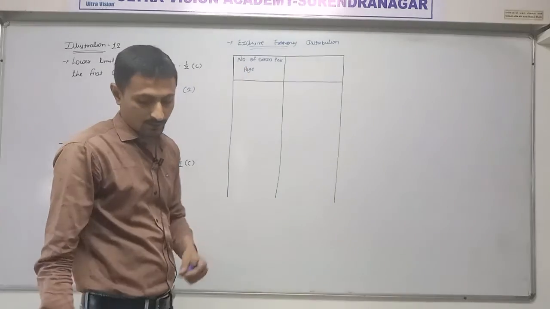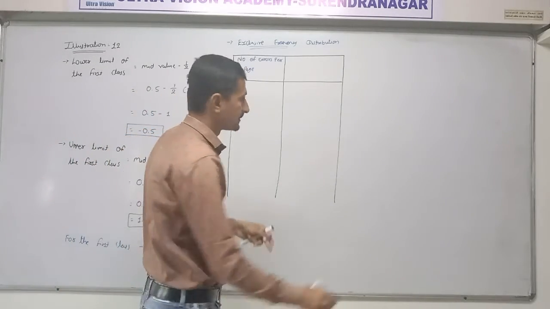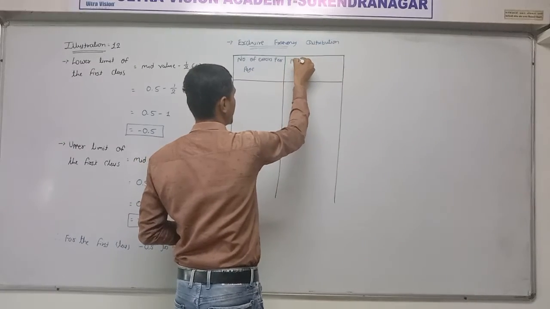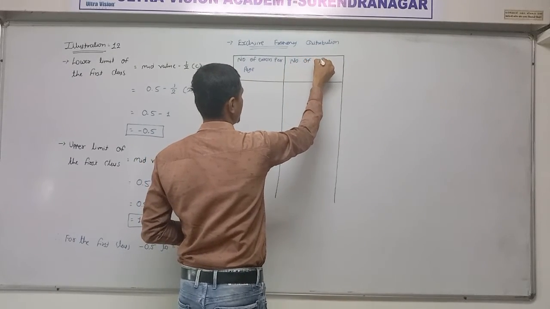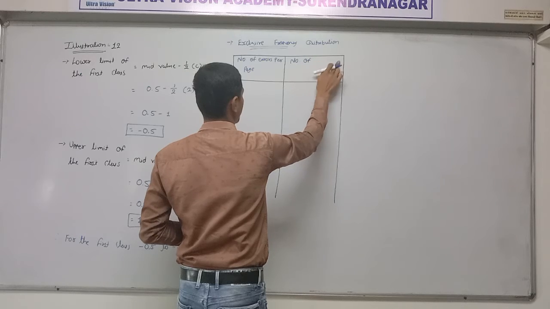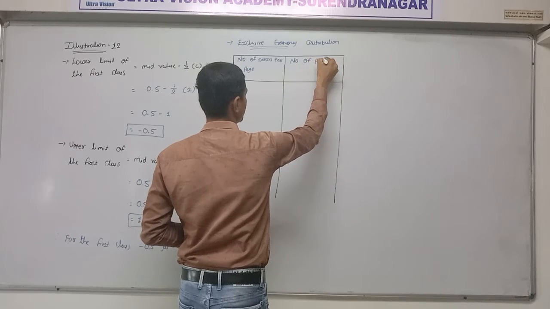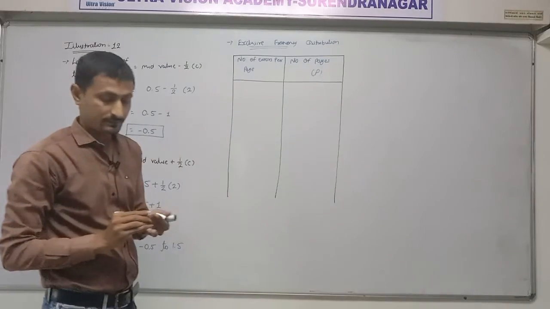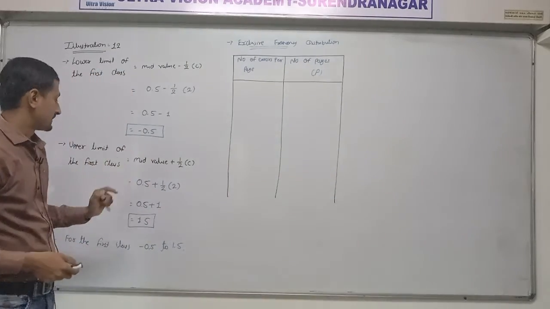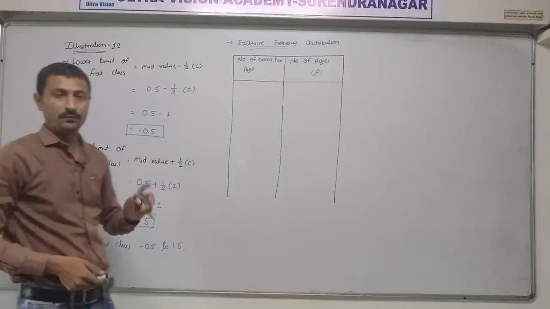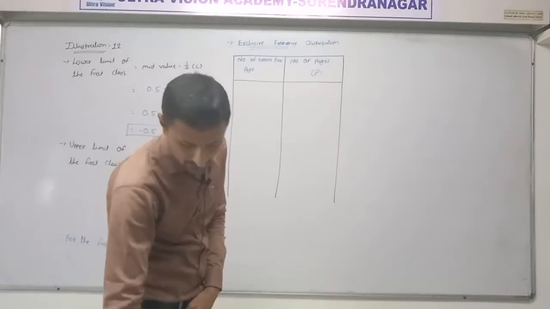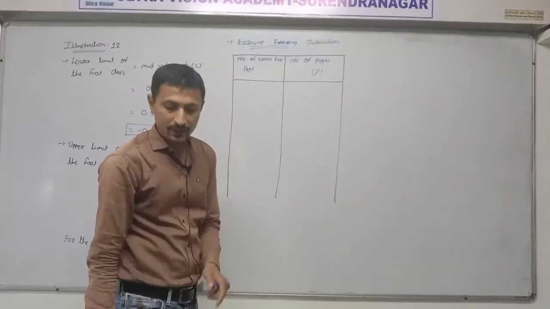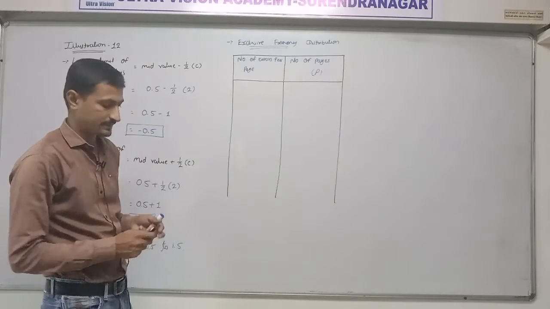Second column heading: number of pages. Our first class is minus 0.5 to 1.5, and the last mid value is 8.5, equidistant.